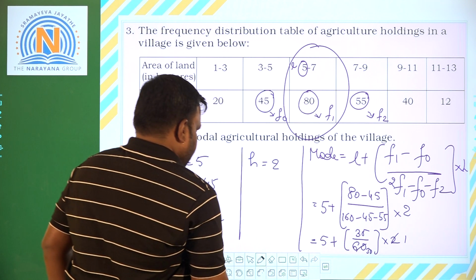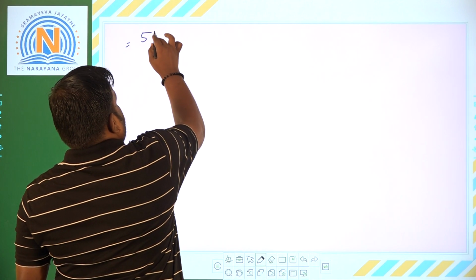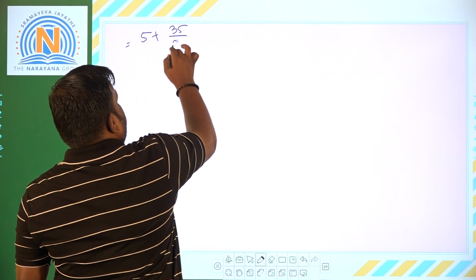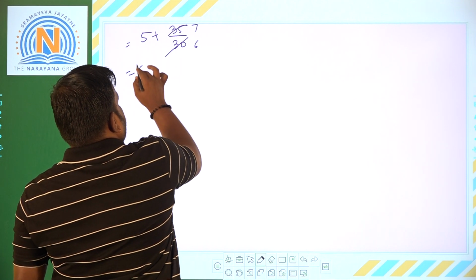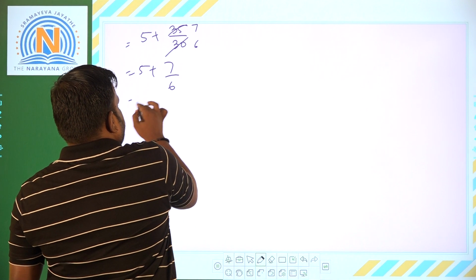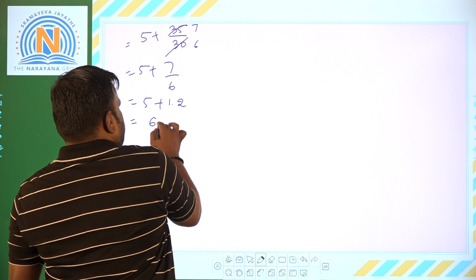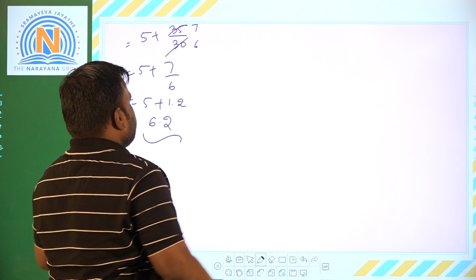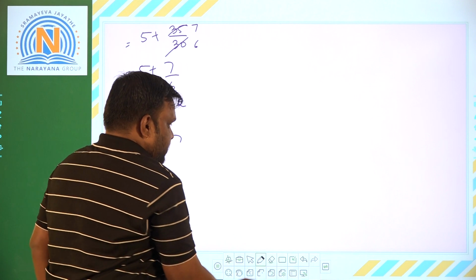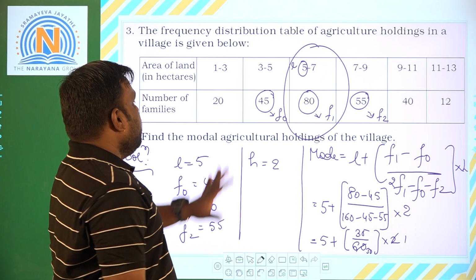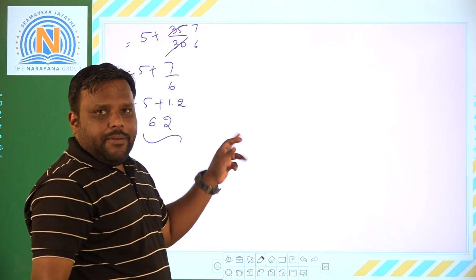So I am left with 5 plus 35 by 30, which is 7 by 6. That is 5 plus something like 1.2 approximately, so it will be 6.2. Okay, so it is 6.2. This is how we are calculating the mode for this question. So this completes the particular modal part. Thank you.